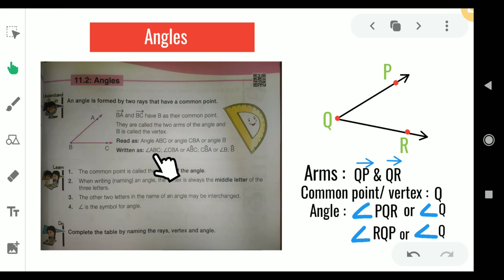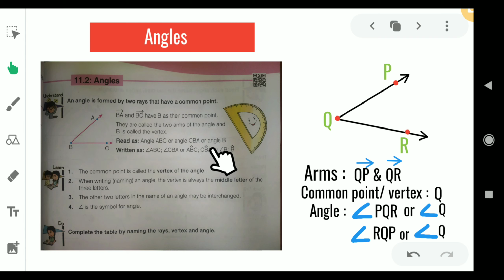Angle ABC is the first way, or the same angle can also be written as CBA, because ABC and CBA are the same.